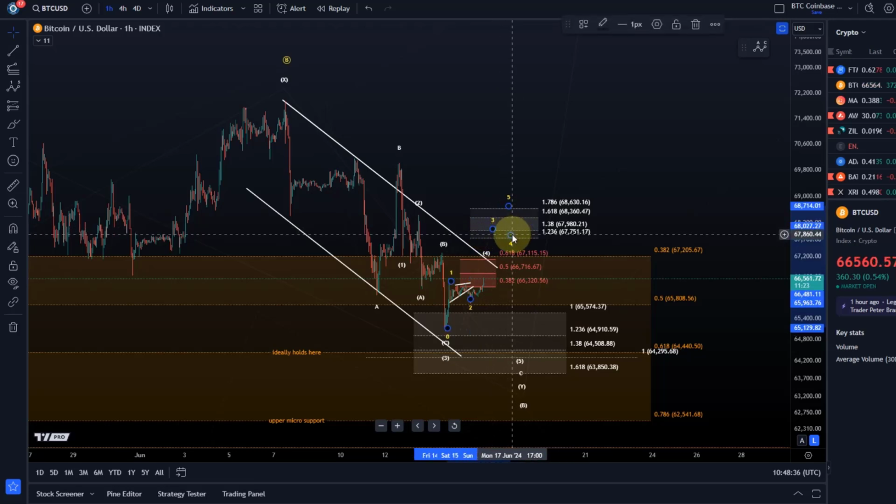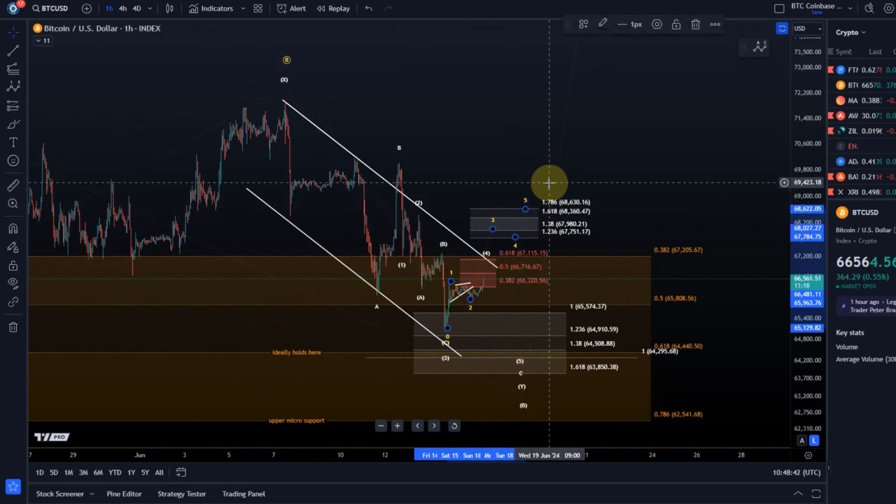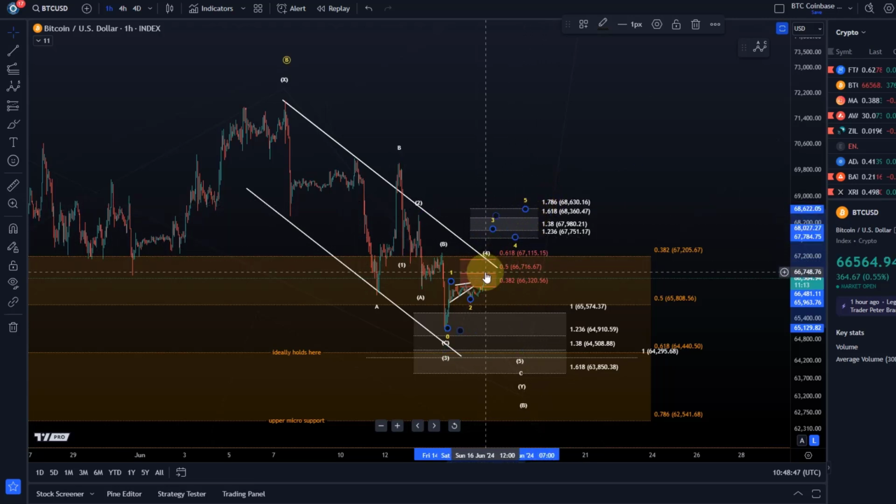Then a wave 4 pullback and a wave 5 to the upside would be ideal. I basically need 5 waves to 68,360. If I see a break above resistance and it's only a 3-wave structure, not a confirmation that a low is in, okay? If I see the price get to 68,360, but in 3 waves only, not a confirmation a low is in.